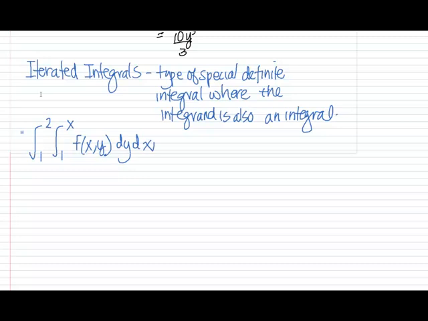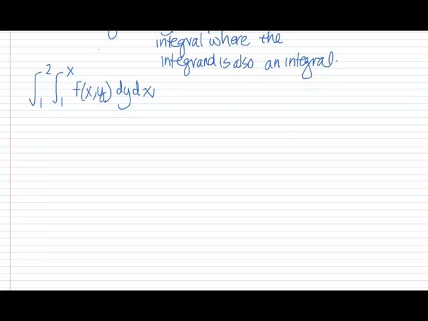Now how I'd like for you to look at this and interpret this is by paying attention to the bounds. If you look at the inside integral, it's with respect to y, so that tells us that our y value is bounded between 1 and x. When you look at the outside integral, which is with respect to x, that's bounded between 1 and 2.